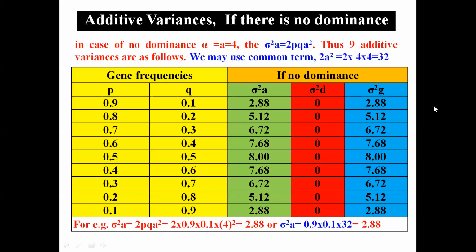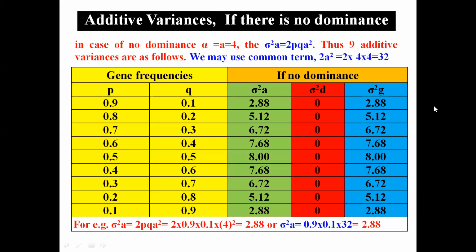There is one simplified way also. In this formula, 2a square is a common figure in all these 9 cases. So 2a square is equal to 32. If we multiply 32 by each combination of frequencies, we also get this value.